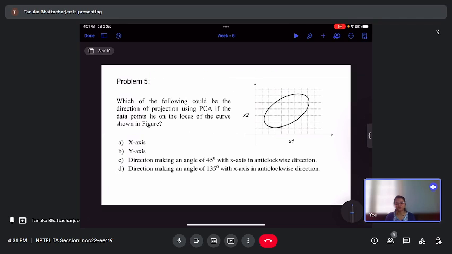So, let us move on to the next problem. The next problem is: which of the following could be the direction of projection using PCA if the data points lie on the locus of the curve shown in the figure?